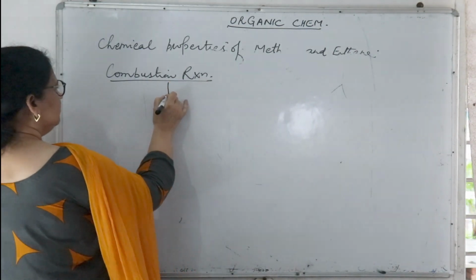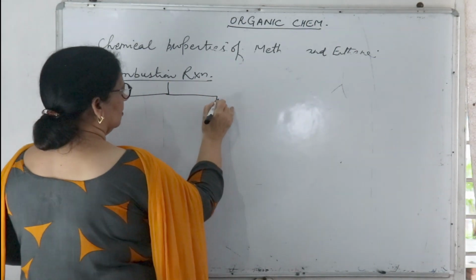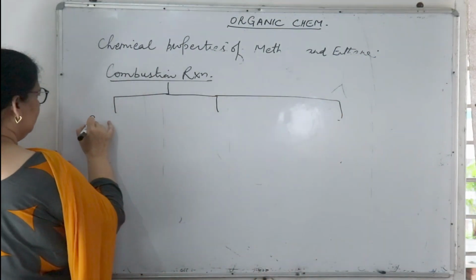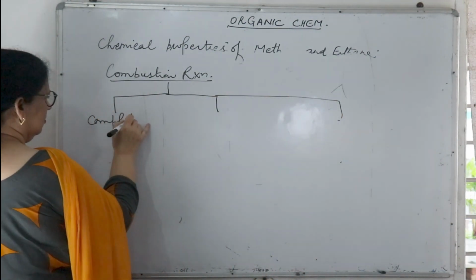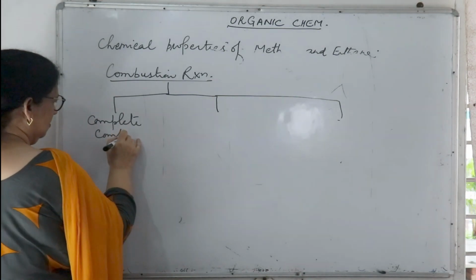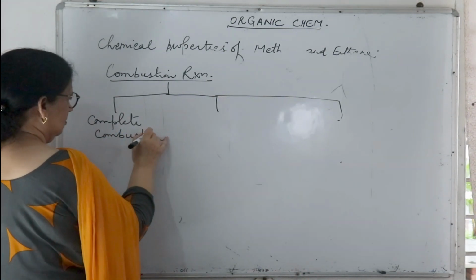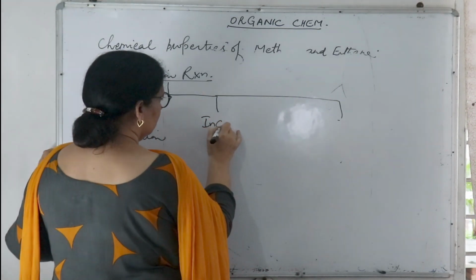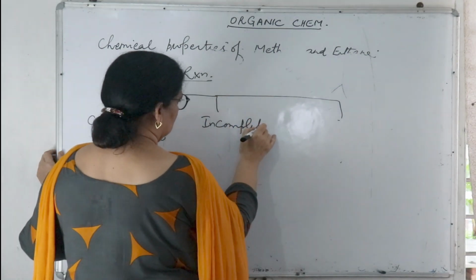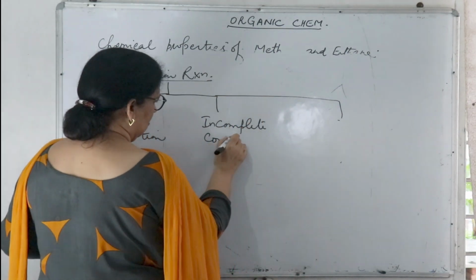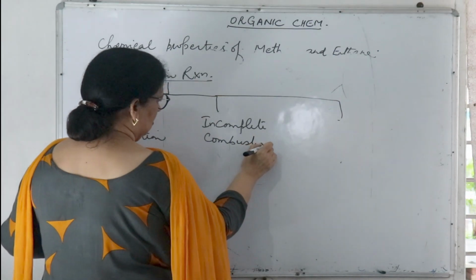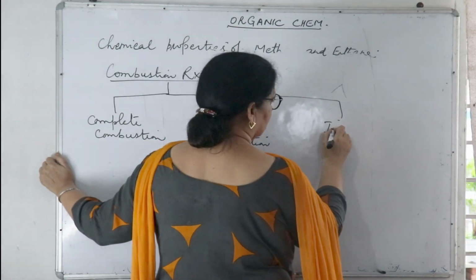So there are 3 types of combustion: complete combustion, incomplete combustion, and again incomplete combustion.